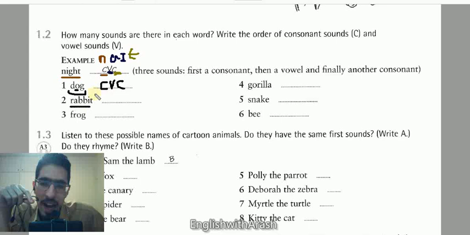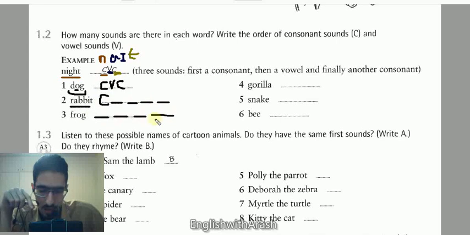So let's go to the next one, rabbit, or frog. Someone says CVC. Let me write it.